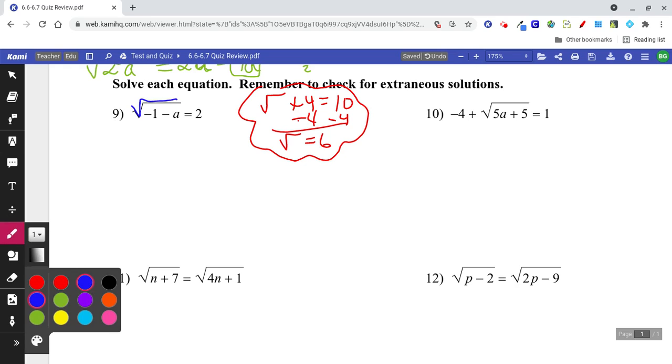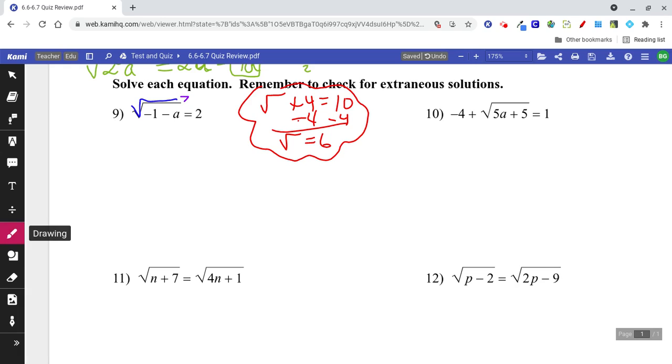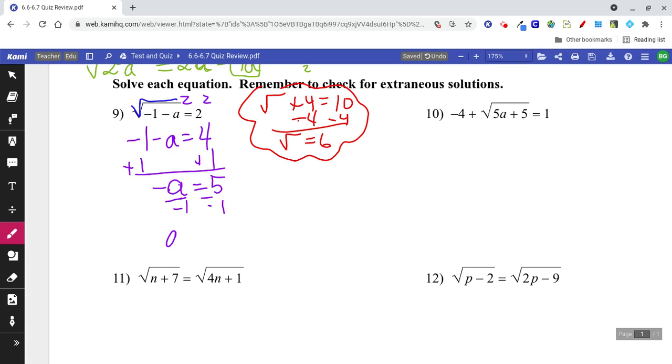So what do we do to get rid of the square root? We square both sides, and that makes the radical go away. 2 squared is 4. So we isolate the radical, we square both sides, and now we isolate the variable. I'm going to add this one. So that says opposite of A equals 5, and I can divide by -1 to get A equals -5.